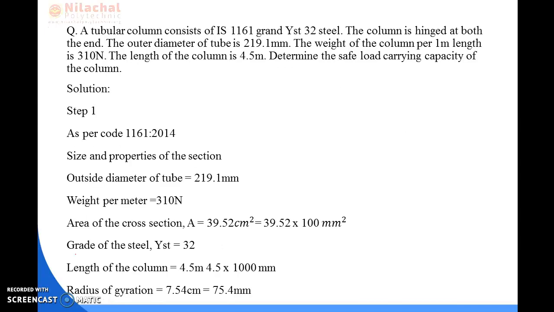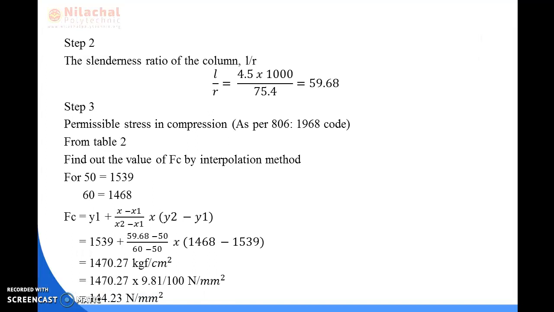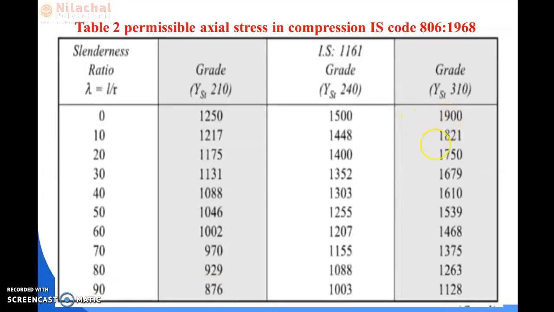So we can see the table. Here you can see the given grade of the steel, and the slenderness ratio that we have lies between 50 and 60. So we need the interpolation method between 50 and 60.